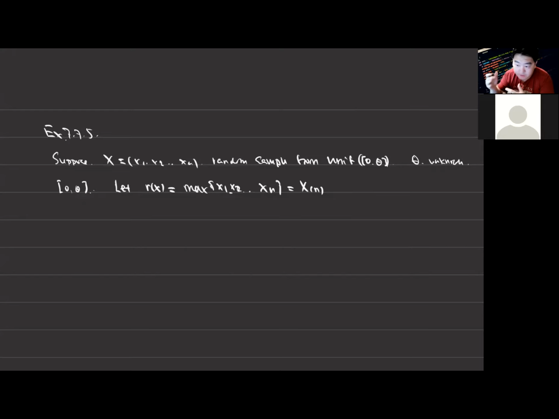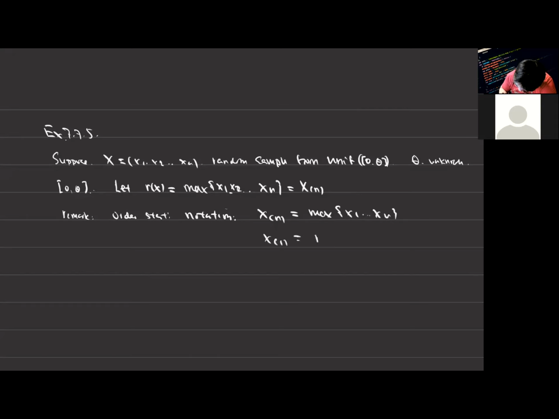And the reverse is also available for us for simple notation. So, remark, order statistics, the notation is the following. X order n, or x parenthesis n, is the max of all of the x.